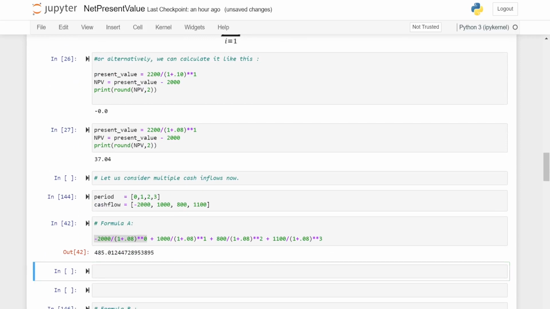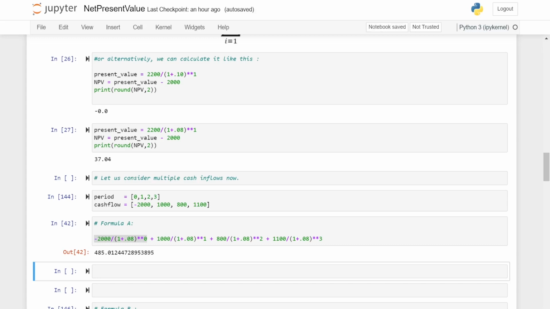Then period 1. What is the period 1 cash inflow? 1000 divided by 1 plus 0.08 to the power 1. That is for period 1. Here is cash inflow number 2, that is after 2 years. Again the same calculation, to the power 2, and then 1100 to the power 3. Everywhere the same interest rate.